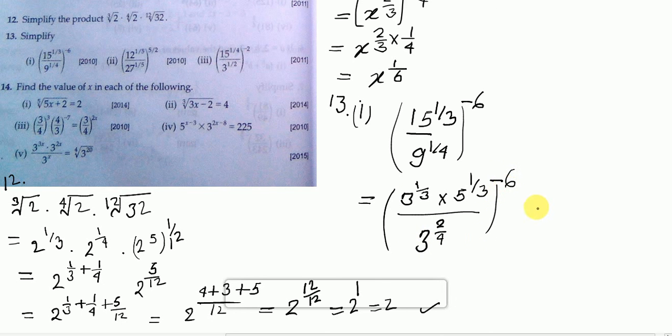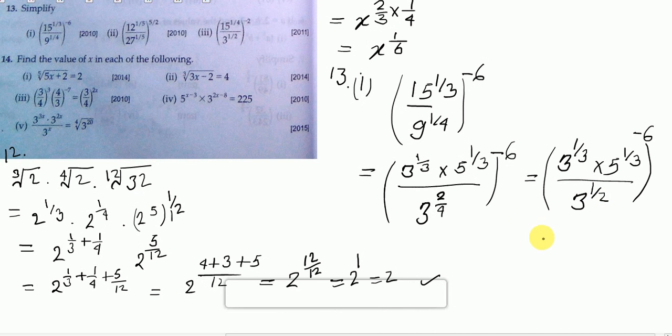And 3 raised to the power 1 by 3 and 5 raised to the power 1 by 3, and 3 raised to the power 1 by 2.